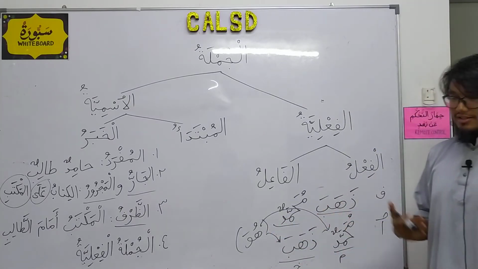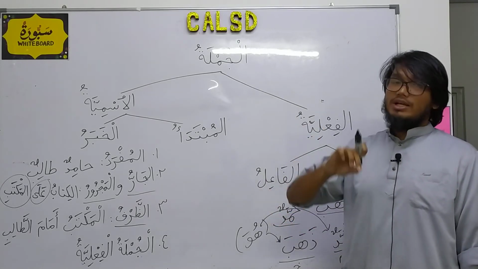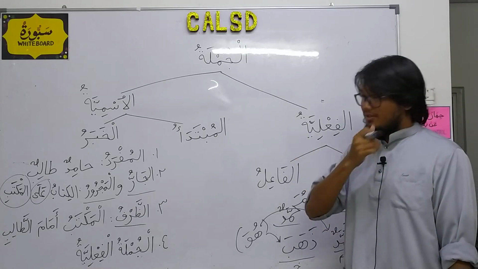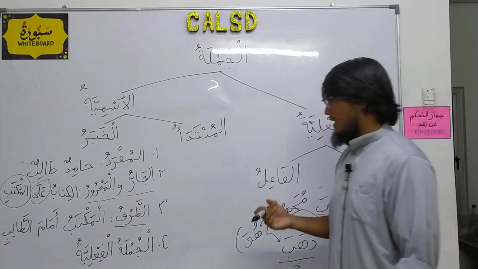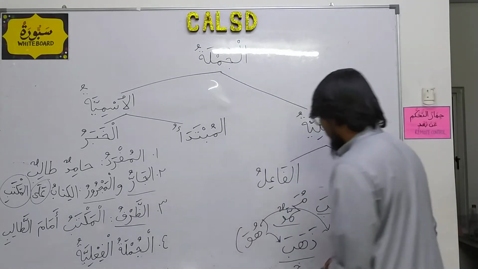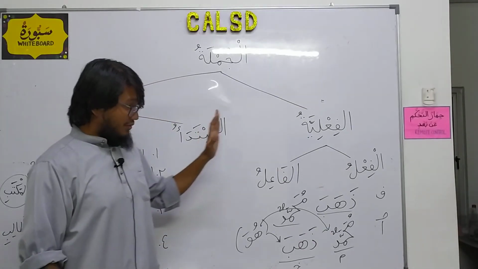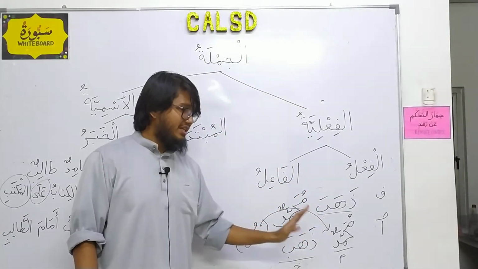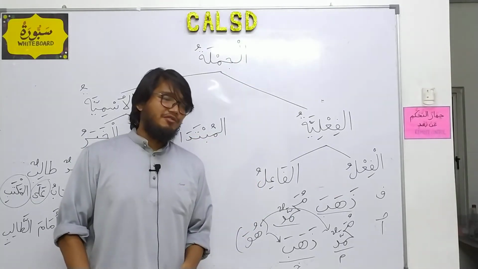That's why we can sort of see it in the translation. Muhammad is the one who went. The one who went. Muhammad lah orang yang telah pergi, in Malay, basically. So Muhammadun dhahaba. This comes to jumlah al-fi'liyah. So this difference must be known. There's a reason, maybe inshallah in another video.